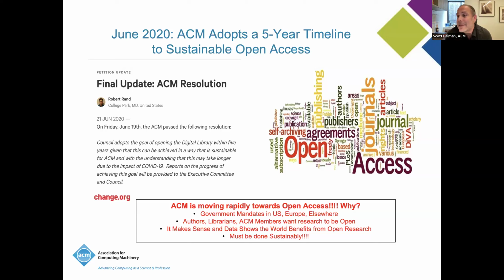And what was agreed, that resolution passed unanimously and set about a 5-year time to transition. We're now a little less than 4 years into that, and we are still very much on target for the January 1st, 2026 deadline, after which everything that ACM publishes will become open access.